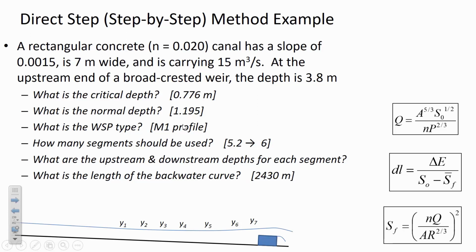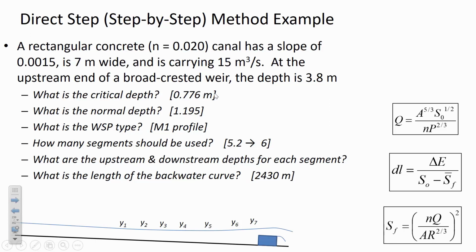We had a measured depth of 3.8. If y is greater than y_n, and y_n is greater than y_c, that's an M1 profile. If the normal depth is greater than critical, that tells you mild. If critical had been greater than the normal depth, then we would have a steep slope.